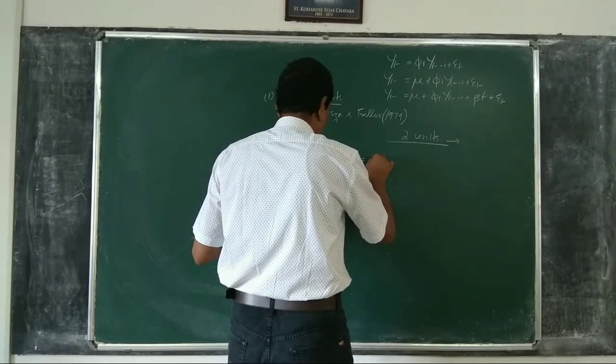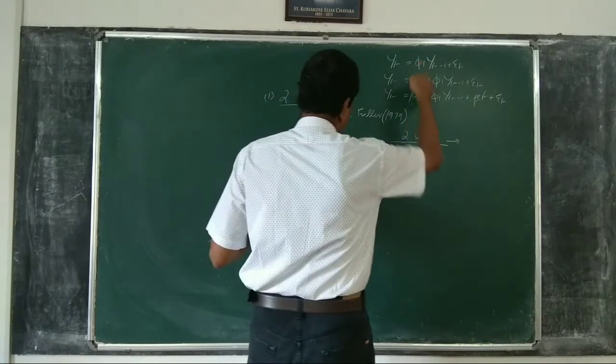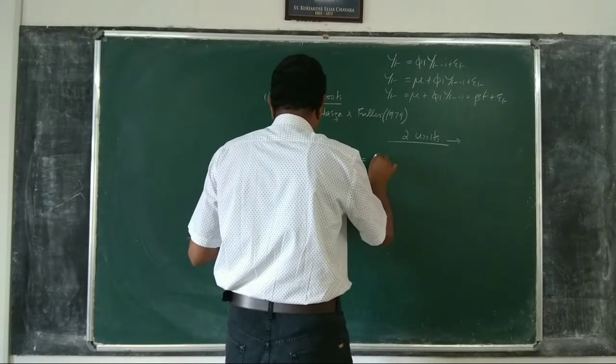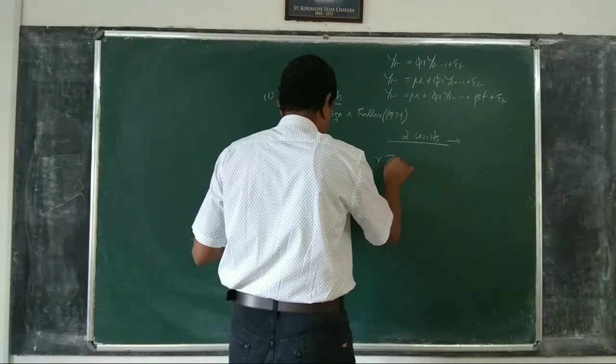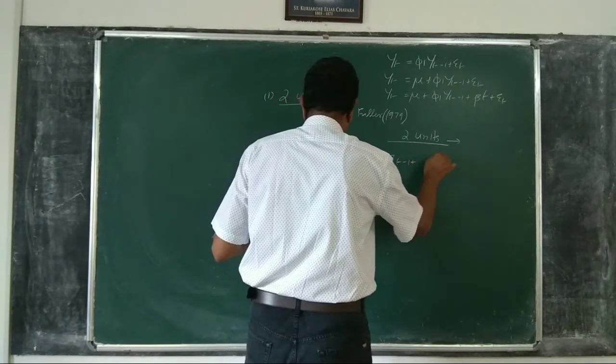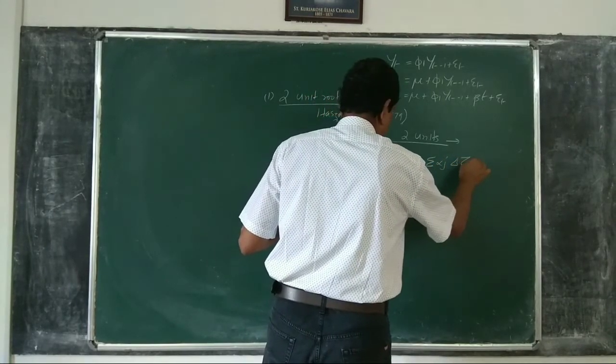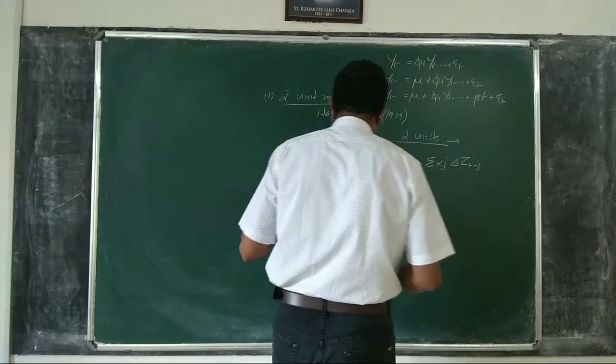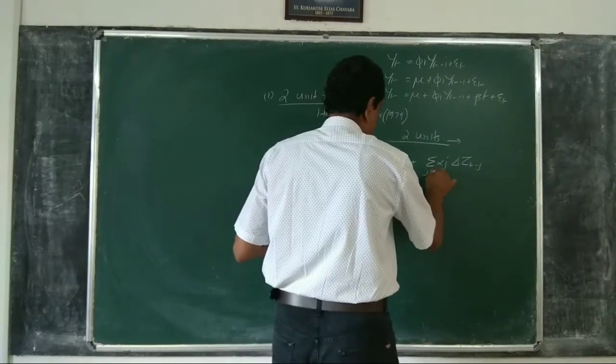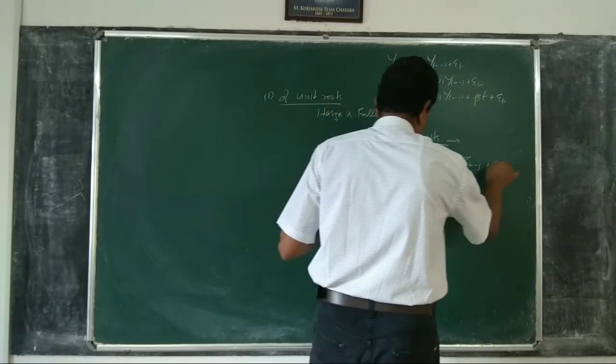We can have three forms. First: delta zt is equal to gamma zt minus 1 plus sigma alpha j delta zt minus j, j equal to 1 to p, plus epsilon t.